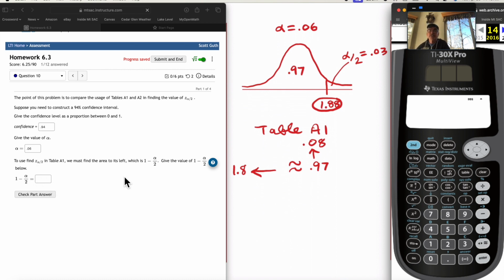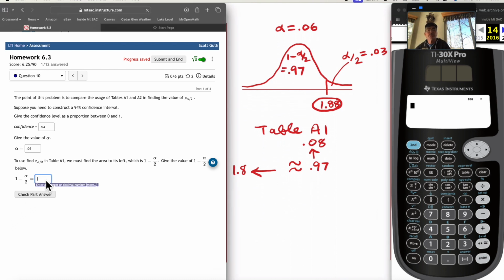Okay, so let's put in some of this. So the area to the left, we had alpha over 2, 1 minus alpha over 2 is the area to the left is 0.97. Okay, put that in here. The area to the right is 0.03, so the complement is 0.97. If you want, you could say 9700.